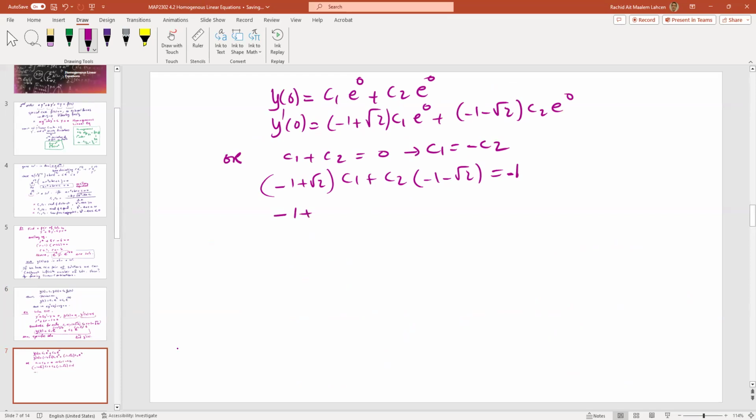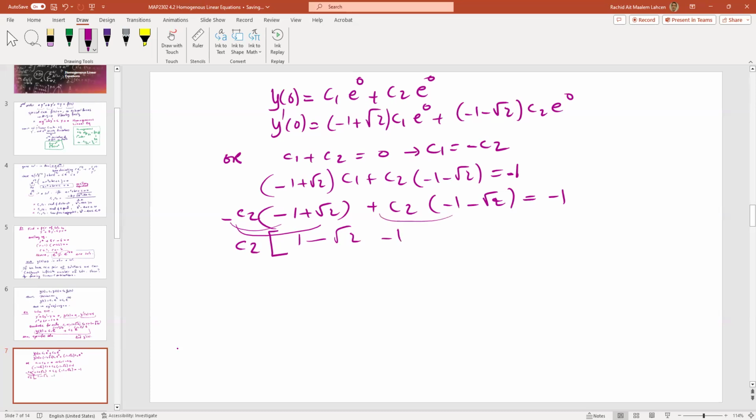Let's put it here. Negative C2, C1. And here we're used to distributing. I'm not going to distribute. I'm actually going to factor C2. Then I will have negative with negative and negative with positive and negative 1. This is just positive this way.